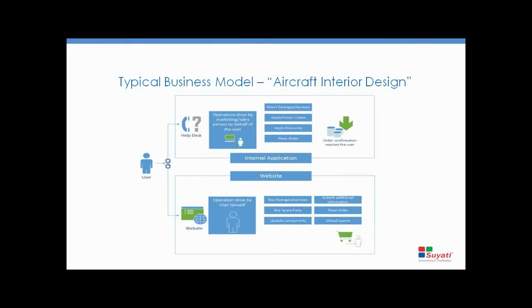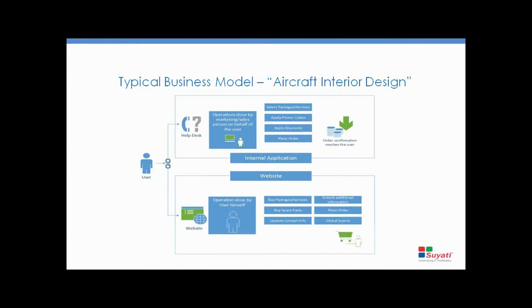Coming to the implementation perspective, the discussions we just had are put out in this chart diagram. It explains how a user can interact with a company, primarily in two ways. The first is that he can visit the company's website, look at the packages and services available, and choose the package or service that fits his requirement.